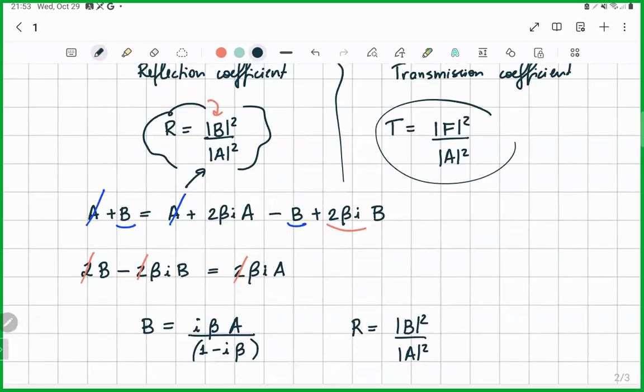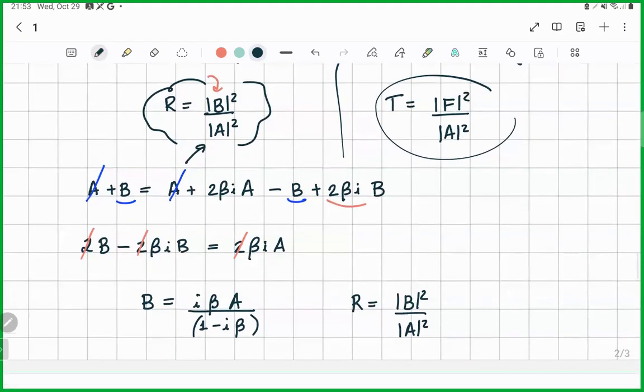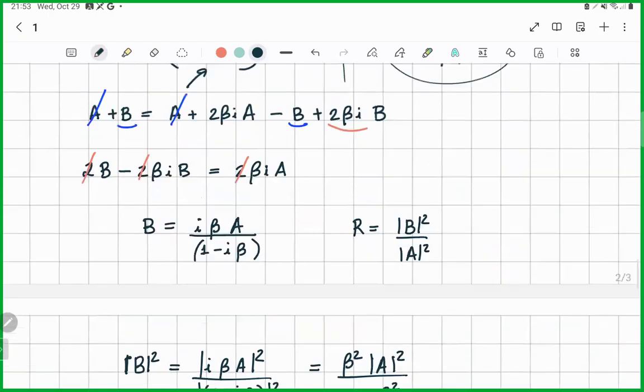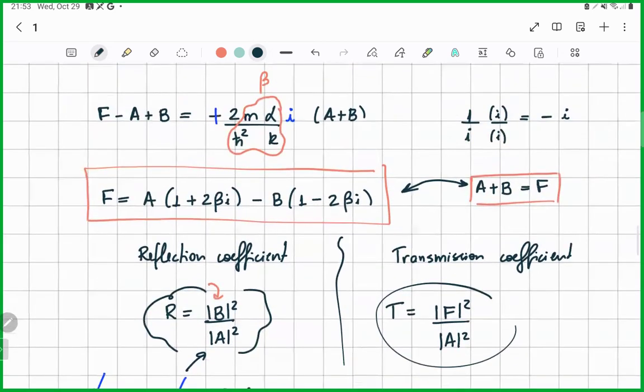So now we want to write F as a function of A. And let's see what are the equations that we have. We want to write F as a function of A. Well, how about we look at this equation here?